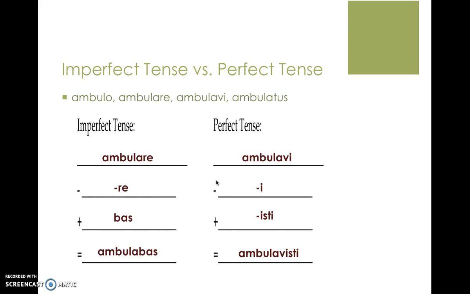They're both past tenses, but ambulabas would be you used to walk, perhaps habitually, or you used to walk before something else happened, contrasted with ambulavisti, which would be you walked, and maybe that was you walked on Friday for 3 hours. So as you can see, they're very similar in that they're both past tenses, but they both have different contexts.